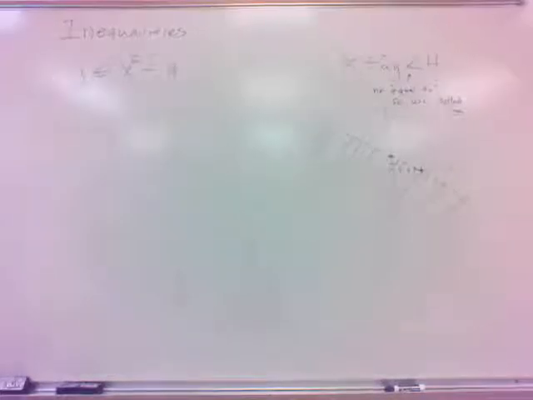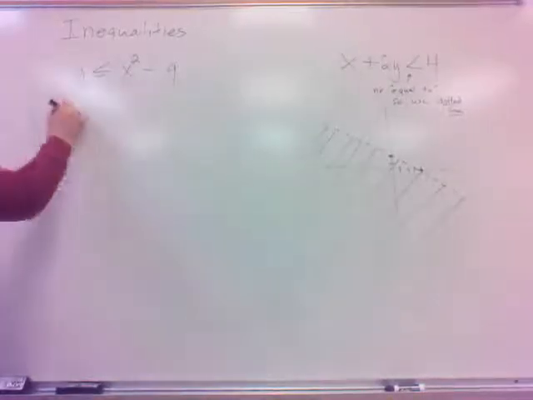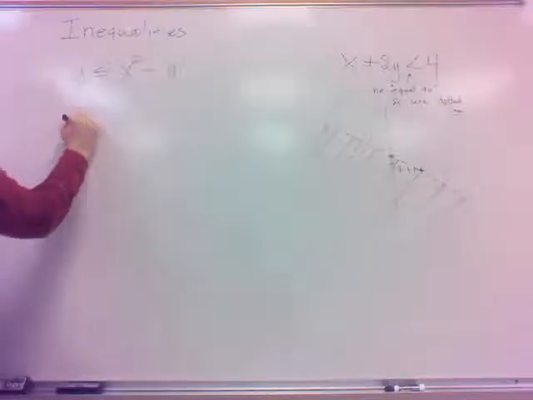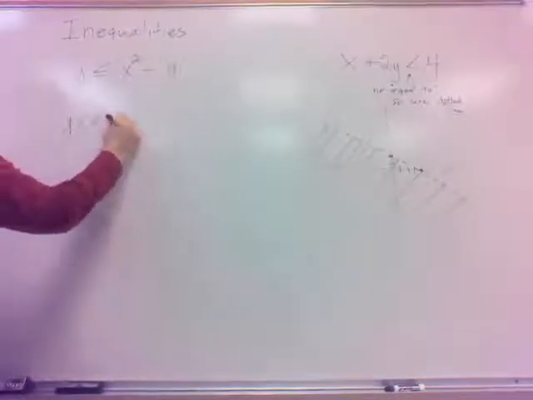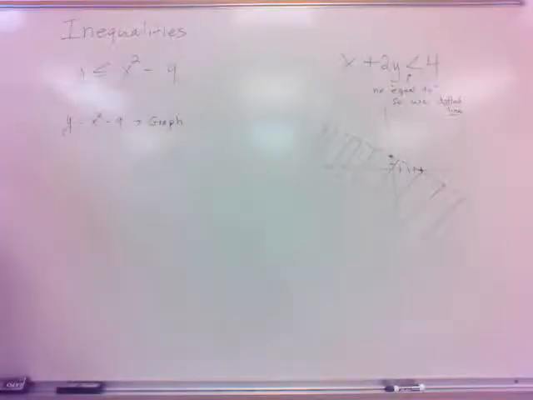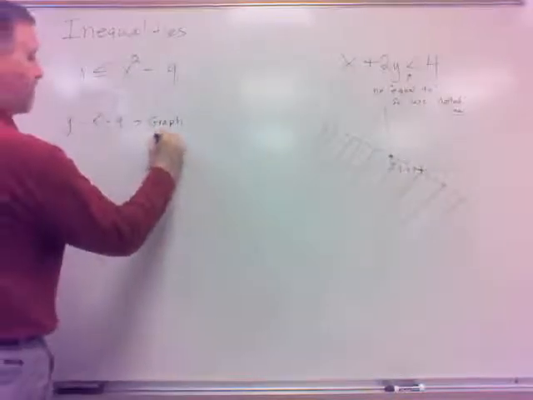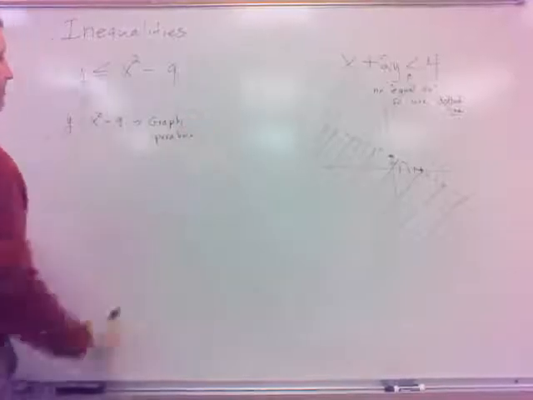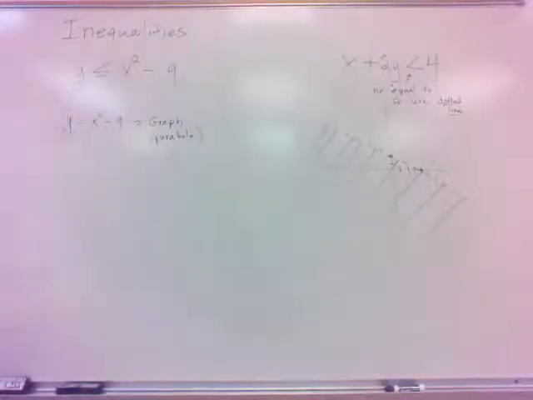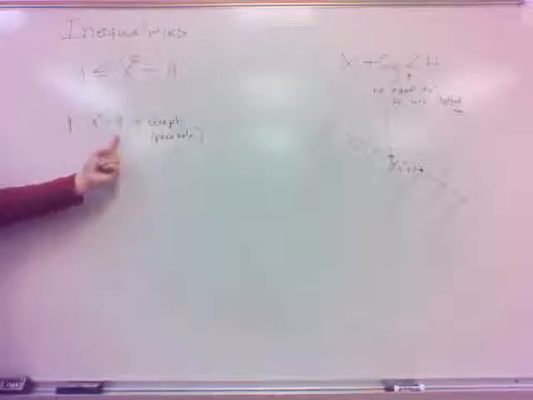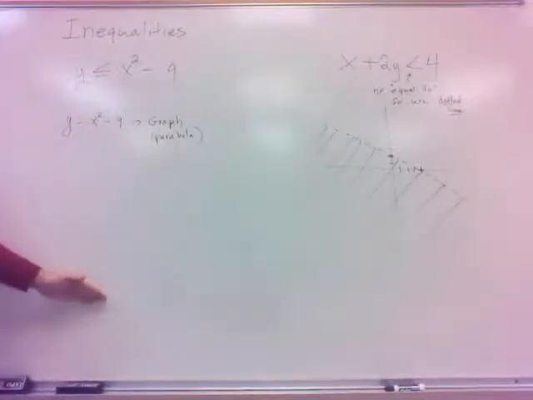Well, we're not talking about a line here because as far as the equal to part here goes, we've got y equals x squared minus 9. So if I graph that, what is that? It's a parabola, right? And this one's a fairly easy one because it's just the x squared parabola shifted down 9, so the vertex would be at 0, negative 9.